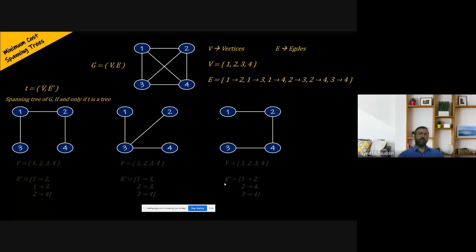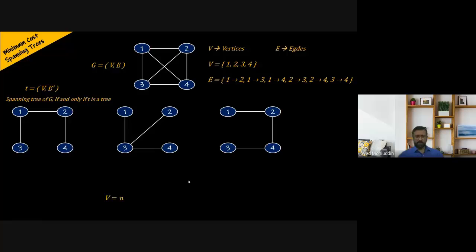Now, usually what happens is, if there are n number of nodes or vertices, then in the spanning tree, there will be minimum n minus 1 edges, and this property is very useful.